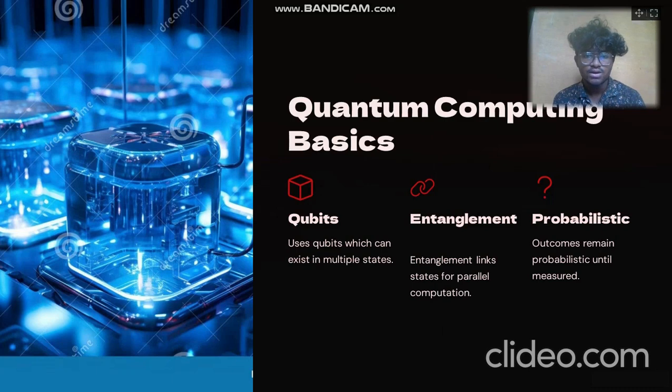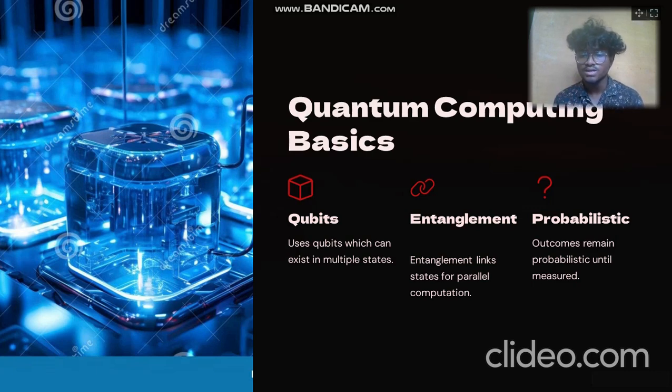Next we're going to see the quantum computing basics. What are the basic things in quantum computing? From my analysis, I classify the basic things into three types.